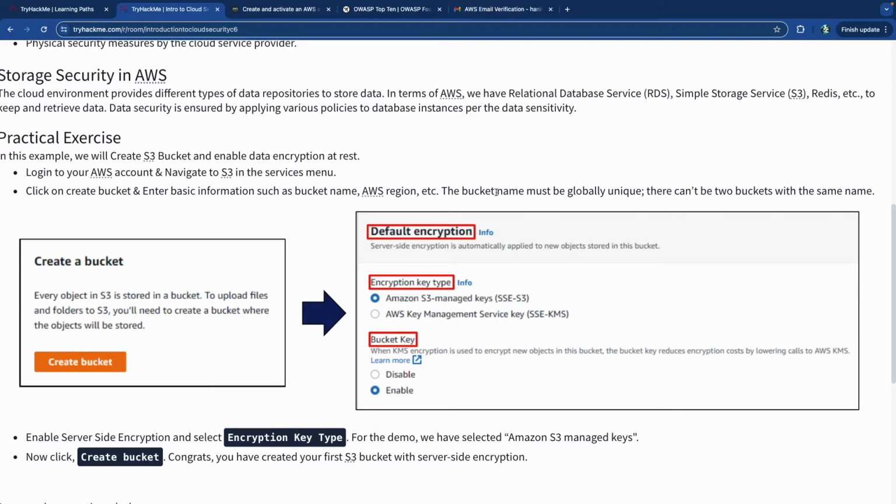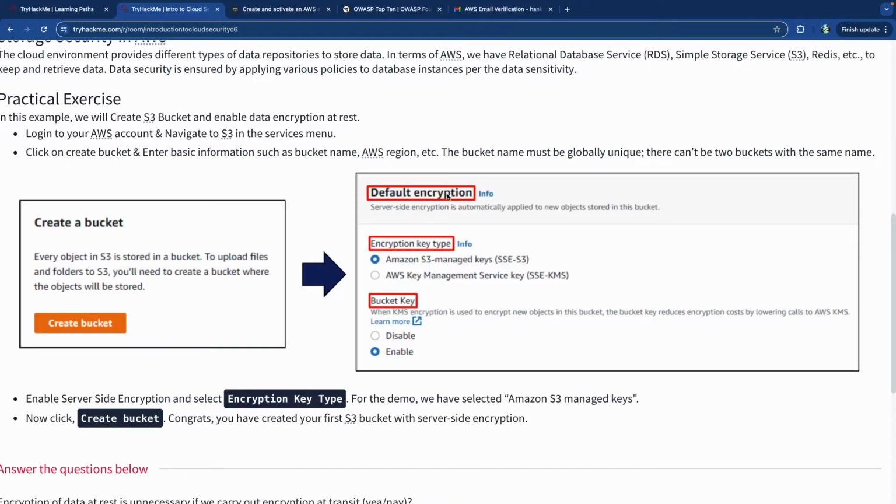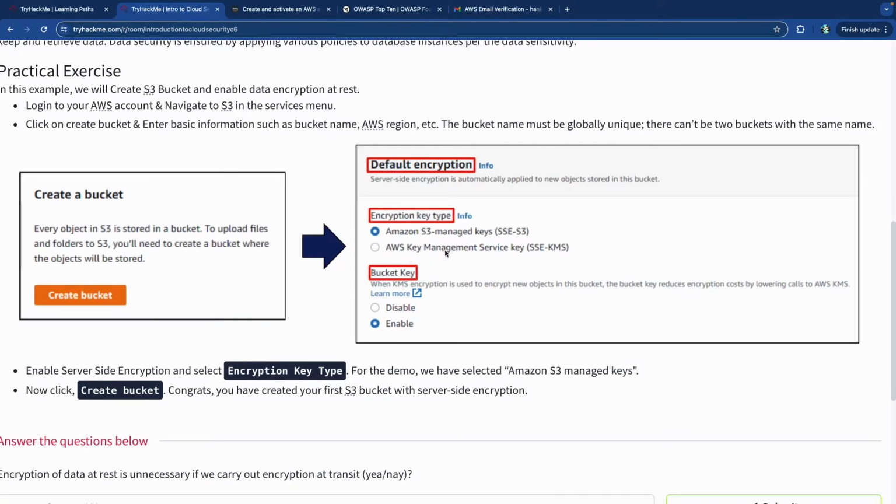And it could just be the name of your business, dash, the name of the bucket, meaning what kind of data is being stored in it, dash, the location that you want it to be at. And that usually is unique enough. And then you can just create your bucket. And so default encryption, the encryption type would be the managed keys, which is the basic default encryption, or it could be a key management service.